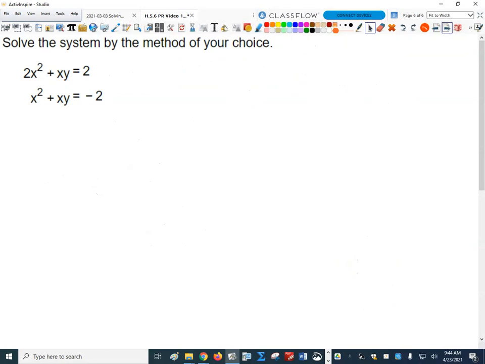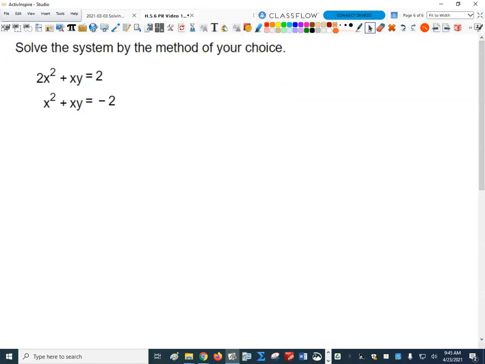And then finally, what about this one? What could I do here? What could I do? Everybody see that? I could either solve for this xy term and substitute, or this time, why not just use elimination? Why not just distribute a negative through this bottom one?